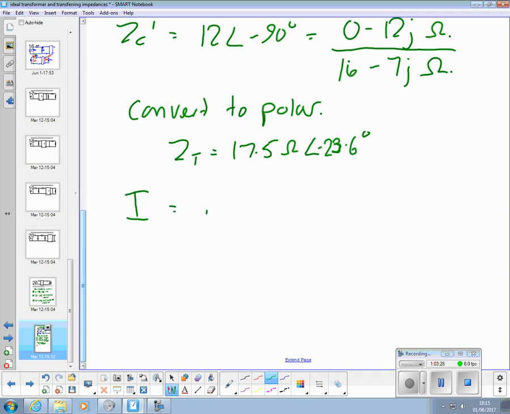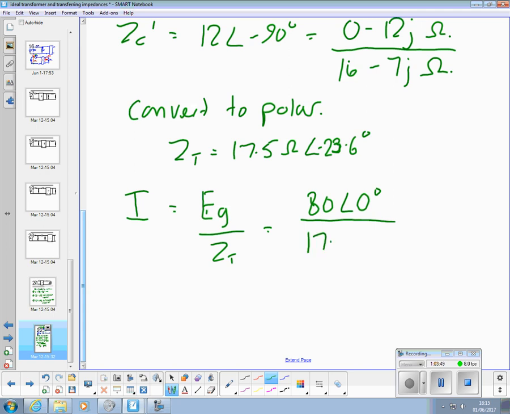I is equal to EG over ZT. It's 80, angle 0 degrees. Remember, if there's no angle given, it must be 0.